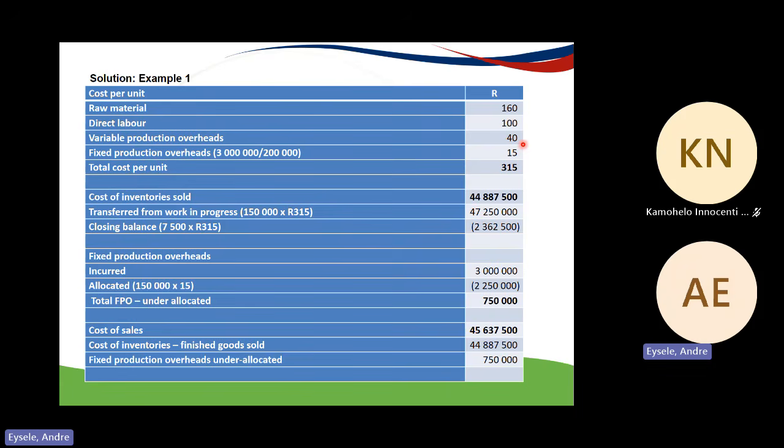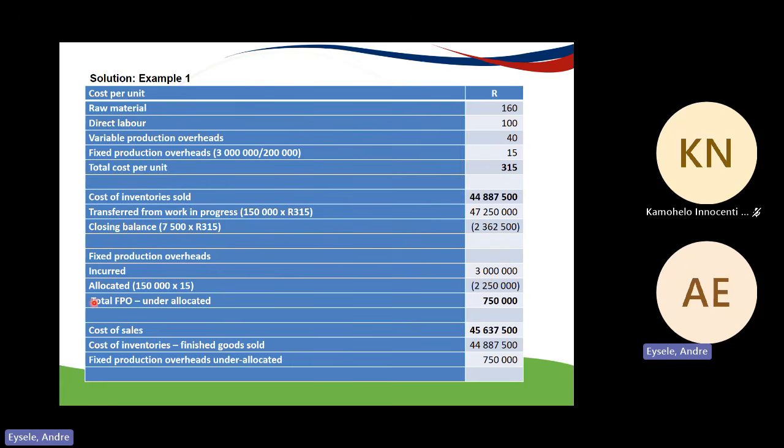So we allocated fixed production overheads on an allocation rate based on normal capacity, because during the year we did not know how many units we would produce, and that's why we need to make a correction and adjustment at the end of the period. So this is the cost, 47,250,000 Rand.